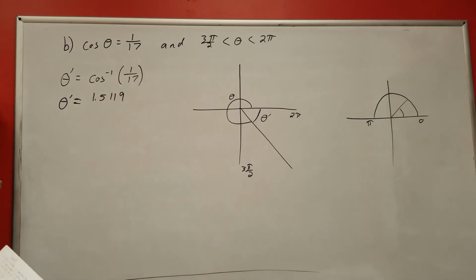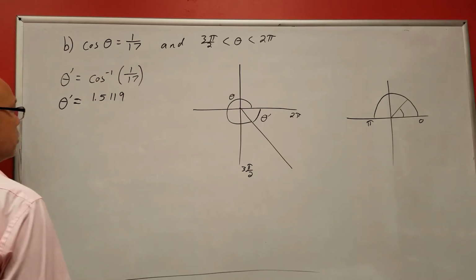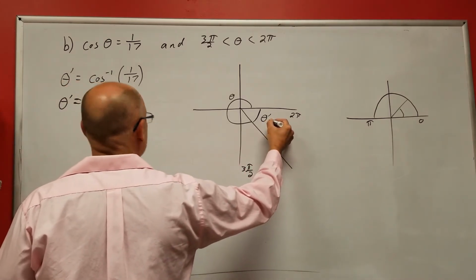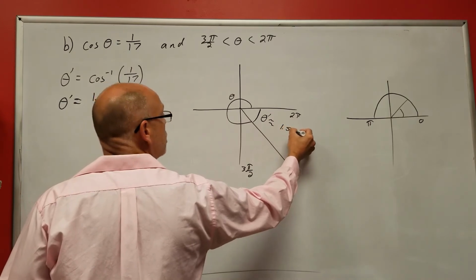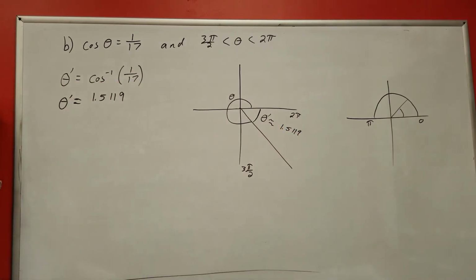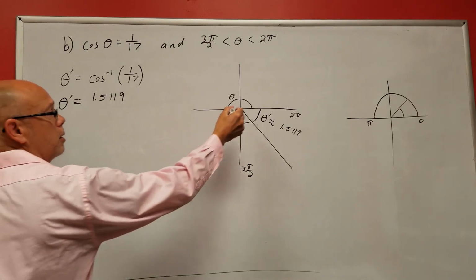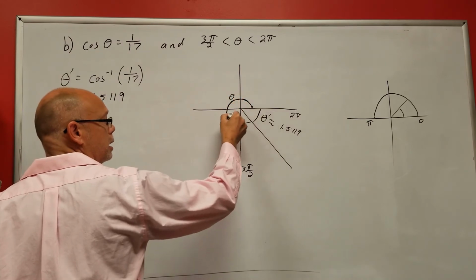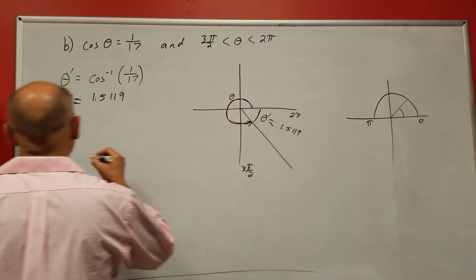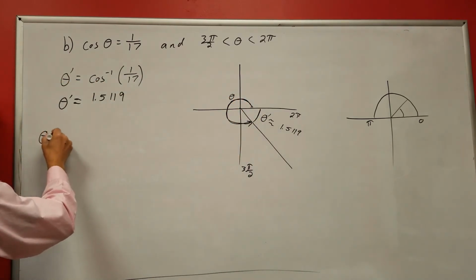I should have written out more decimals. I didn't on my paper, and I don't want to bore y'all by pulling up my calculator and so forth. So what is that saying? That's saying that this is about 1.5119, right? Now, what does it want me to find? It wants me to find this angle right here, theta. So how do I find theta, not theta prime?